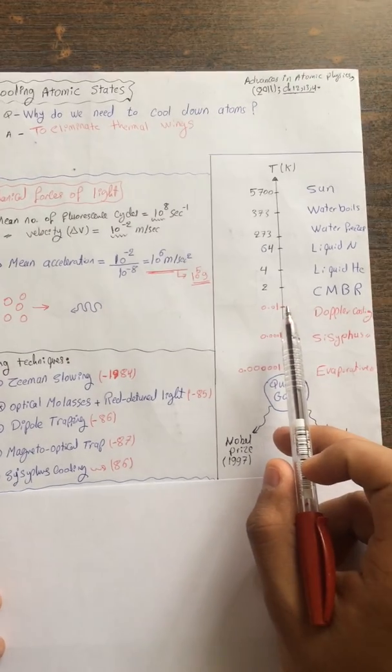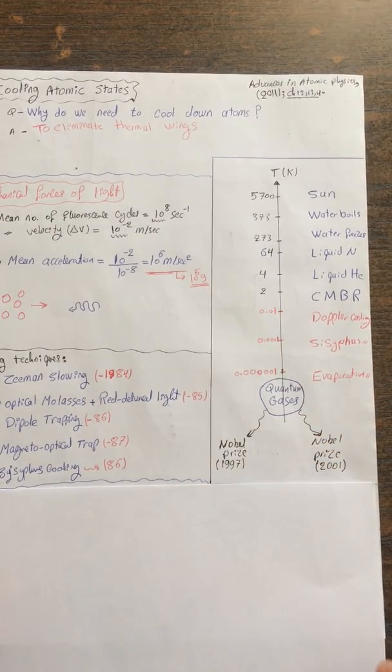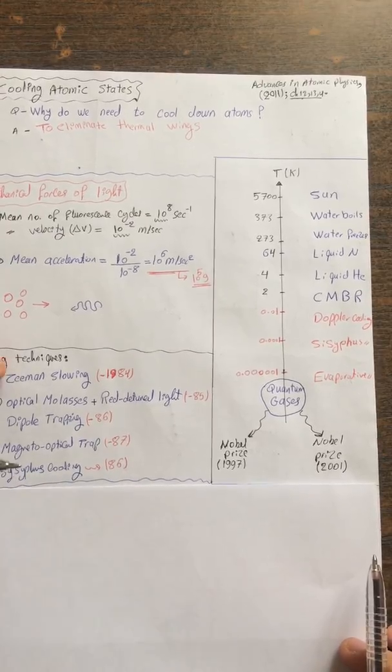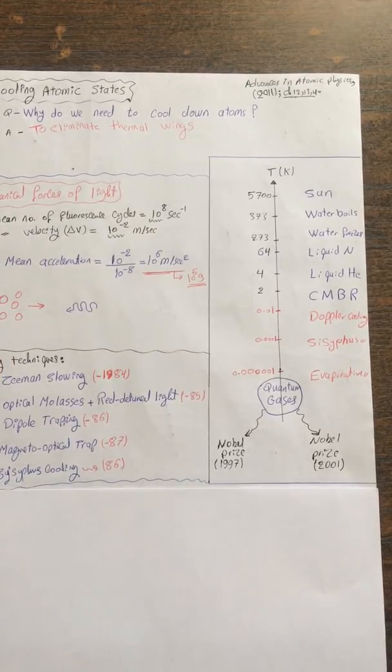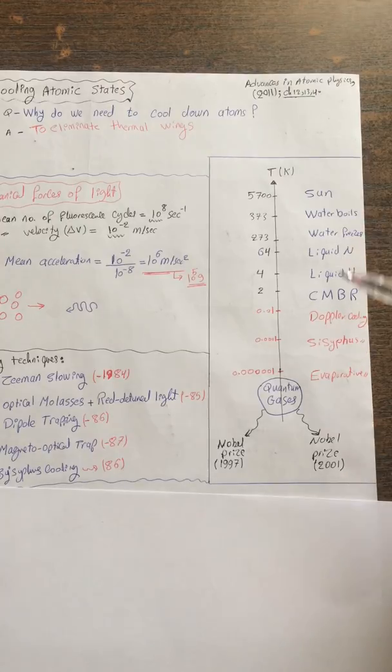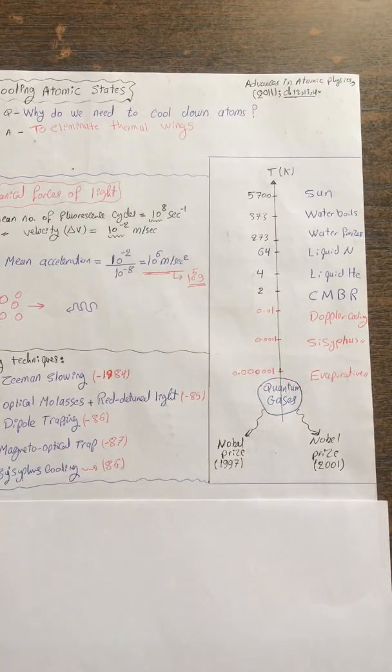Going back to this nice illustration, which I borrowed from Claude Cohen-Tannoudji, looking at the temperature scale, you can see the sun is about 5,000, close to 6,000 Kelvin.